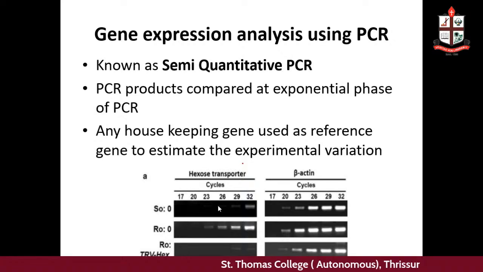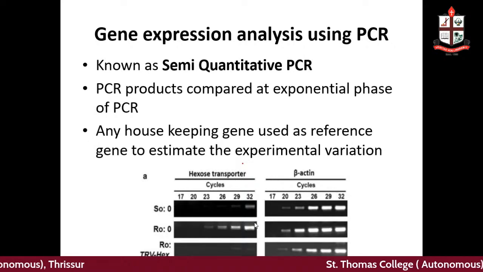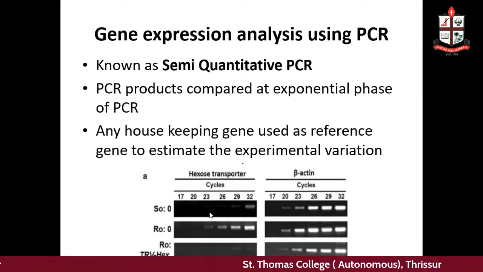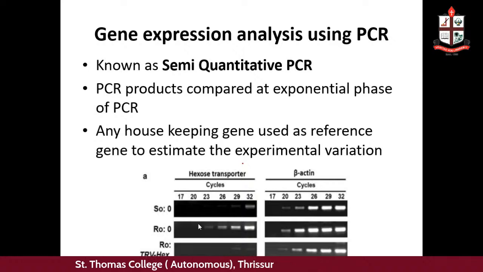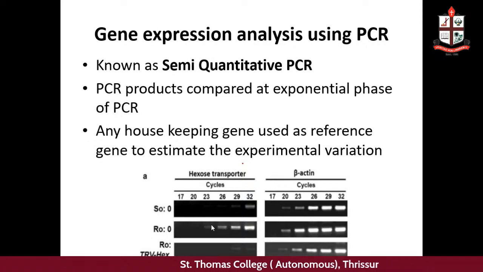This gives us an inference by quantitative analysis of the expression of that gene in these two different samples. And this is possible because we have taken the PCR product at the exponential phase. In real-time PCR also we do the same thing. We compare the samples at the exponential phase instead of at the later cycles.